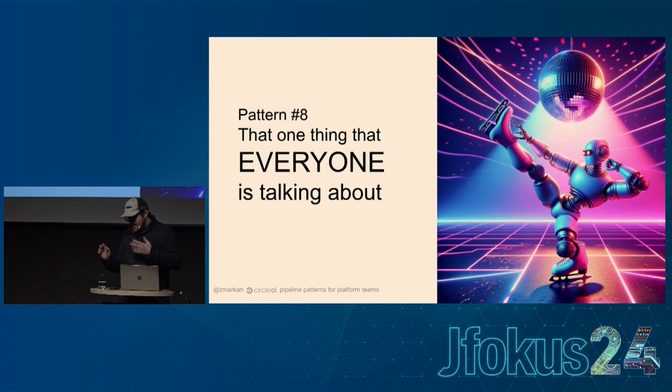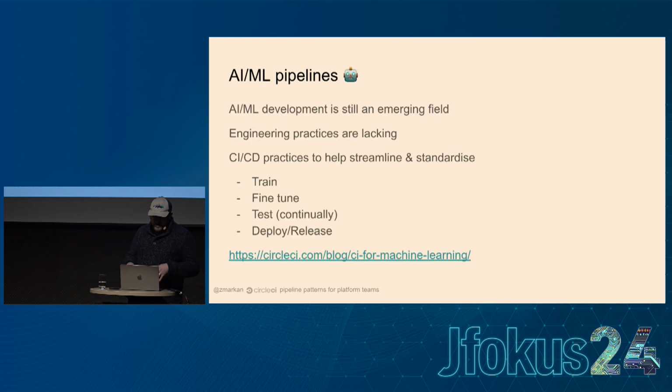And lastly, I have to go where everyone is talking about, which is obviously robots. And yeah, AI/ML, it's still a very, very emerging field. What that means is that what used to be the domain of data scientists, who don't necessarily follow the software engineering approach, the method, and don't have the practices we have built through decades of developing our craft and industry, is just lacking in this brand new field that's exploding in popularity.